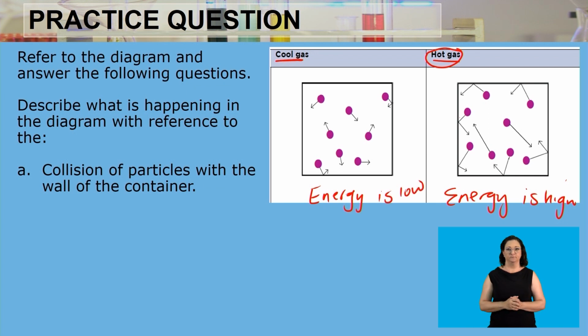Right? So then, let's now answer the question. Describe what is happening in the diagram with reference to the collision of the particles with the wall of the container. So, starting with the cool gas. There's going to be less collisions per second.